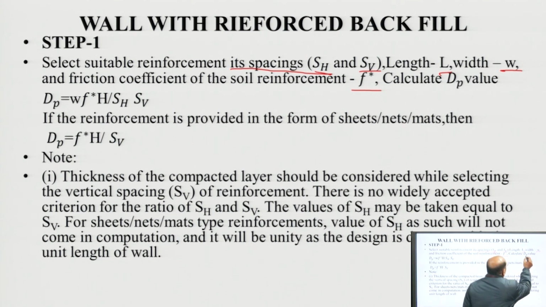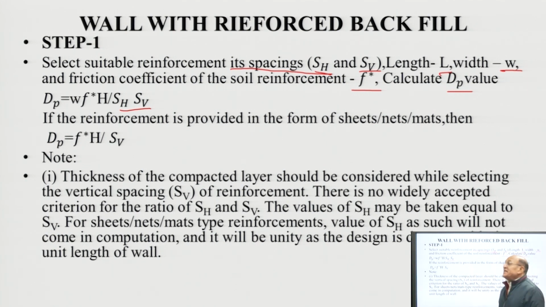Then we will calculate dP value. By this formula dP will be equal to W into F star H divided by SH into SV. So, by this formula we can find the value of dP.